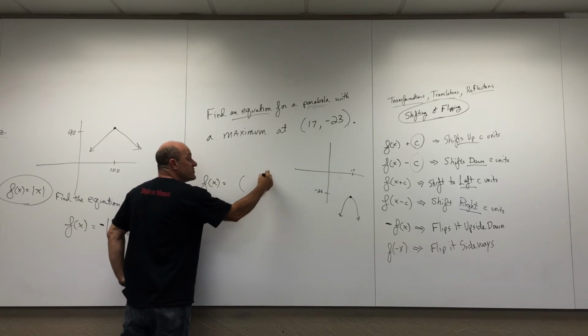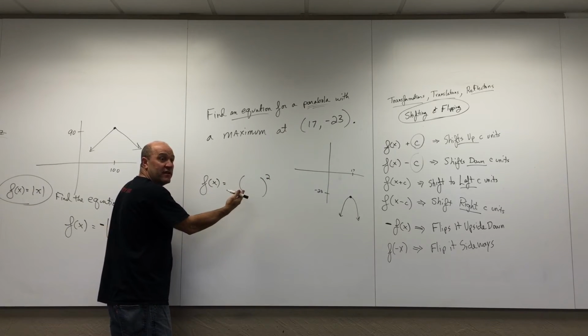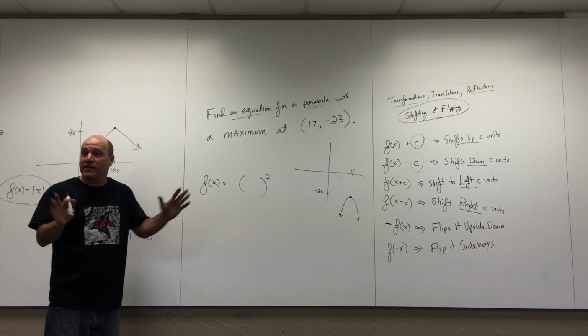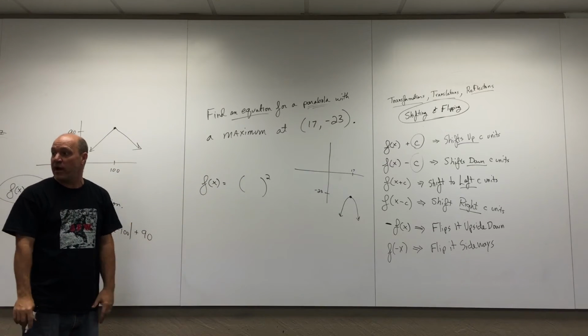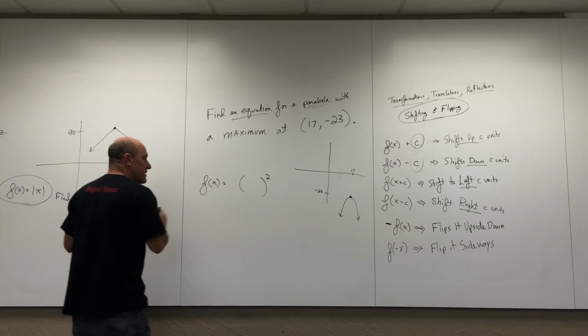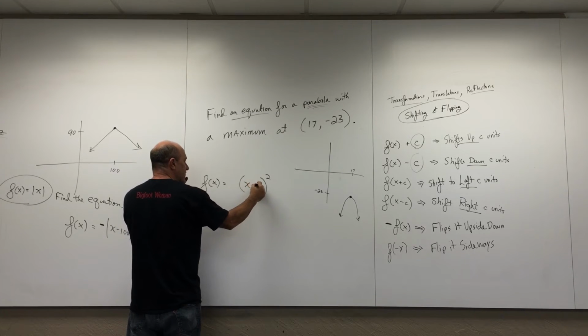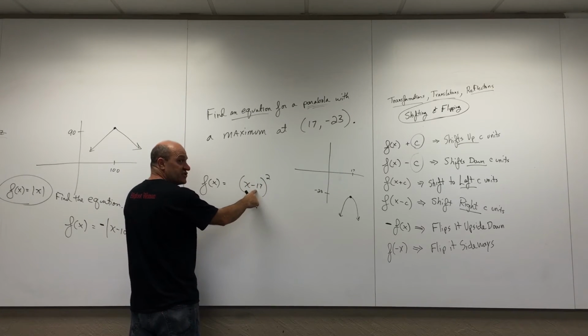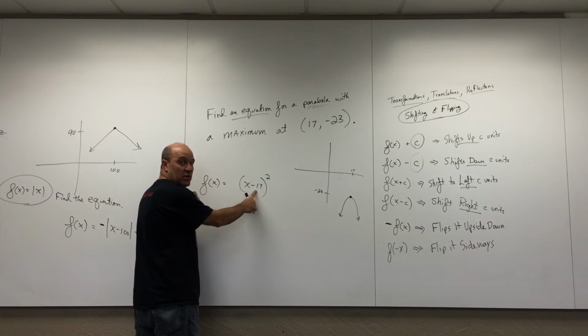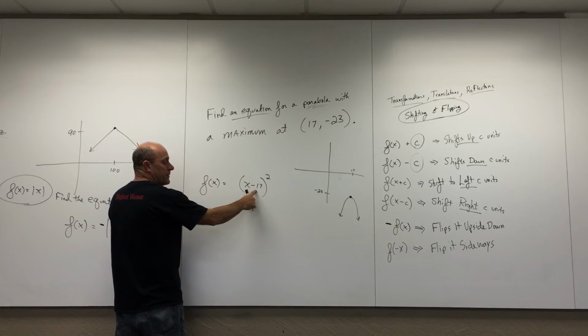So it's something squared. See how I get started? I know it's that squared thing, so I just start by saying it's something squared. Now what should I put in here? X minus 17. Does that really work? Because that's a shift to the right 17? Okay, then that works. What else do I need to do to it?